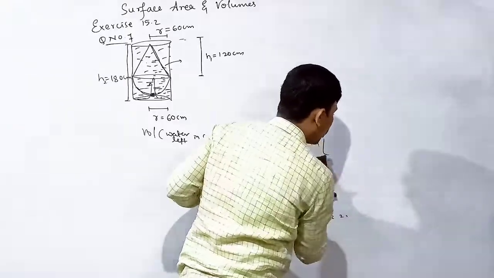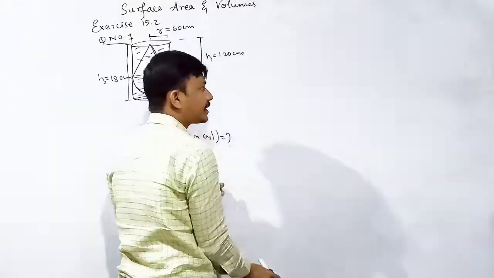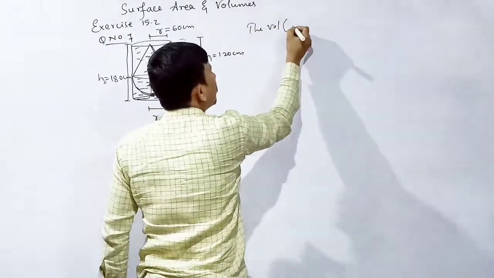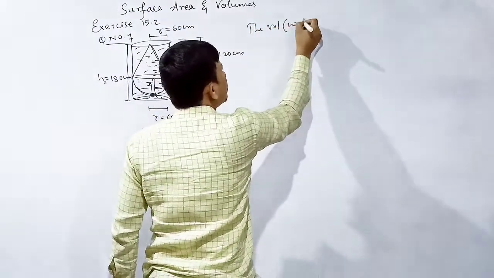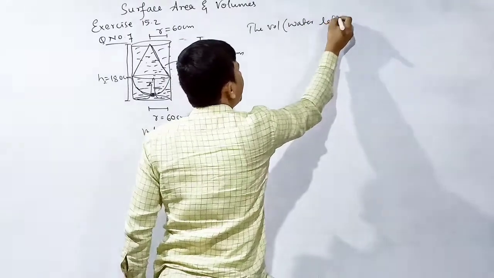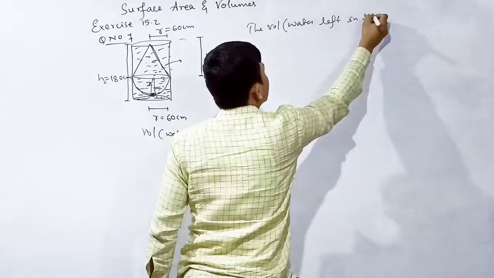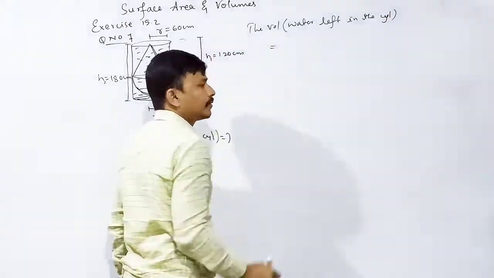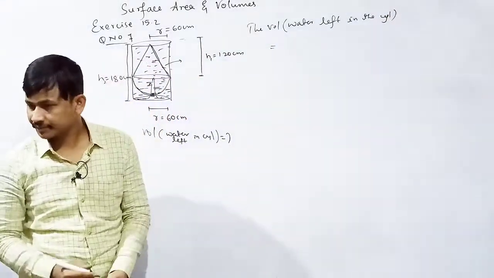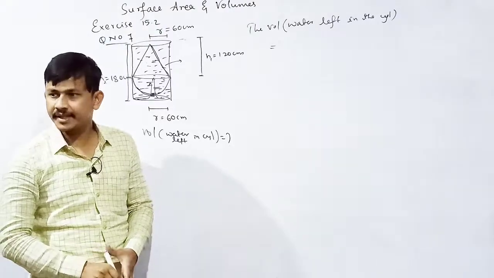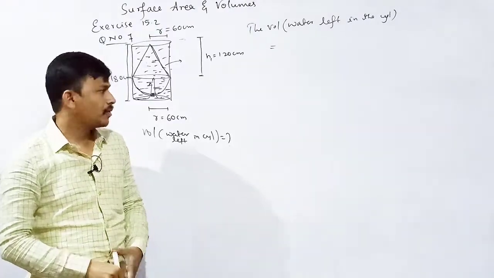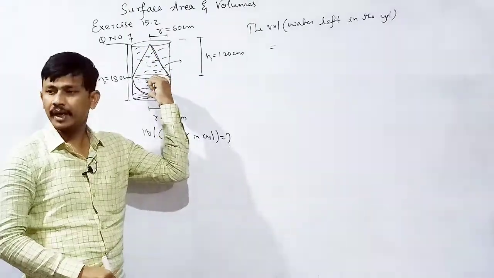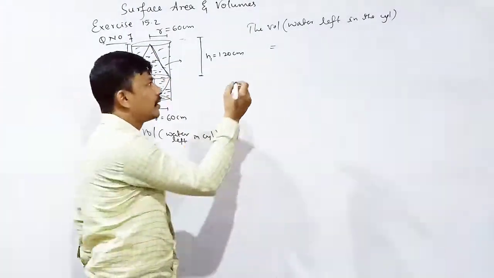The total volume of water left in the cylinder is equal to, what is the formula here?